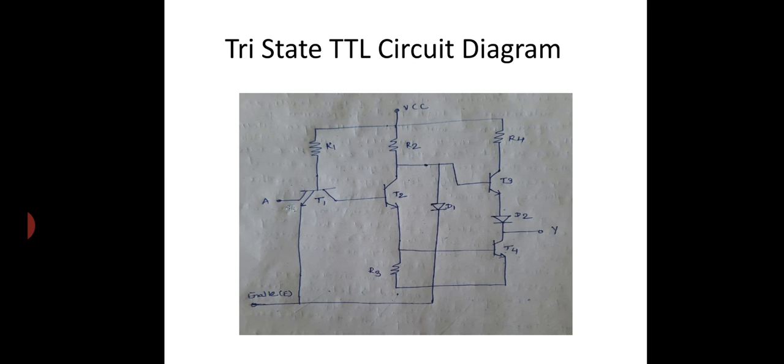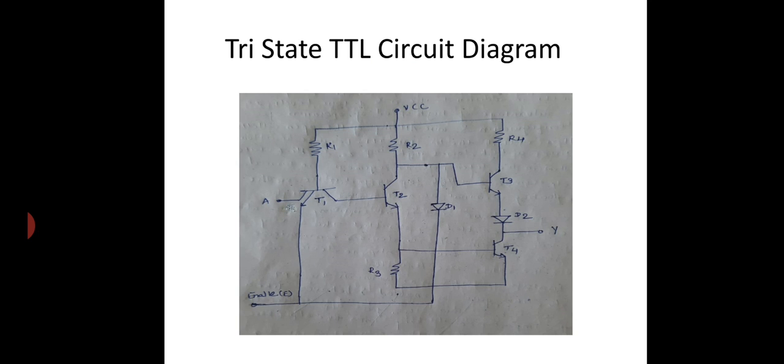Only one device can talk at a time. The others are disabled. The circuit has two inputs, A, which is the normal logic input, and E as the enable input, which produces the high impedance Z.